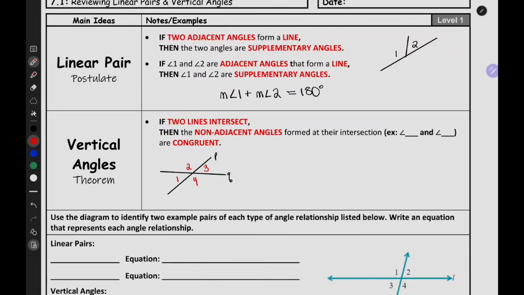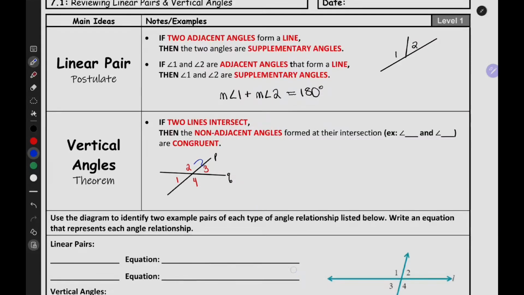And again, it doesn't matter how we label these angles. What matters is their physical relationship to each other. Okay, it's not about the numerical pairings or anything like that. But the non-adjacent angles formed at the intersection would be angle 2 and angle 4, or angle 1 and angle 3.